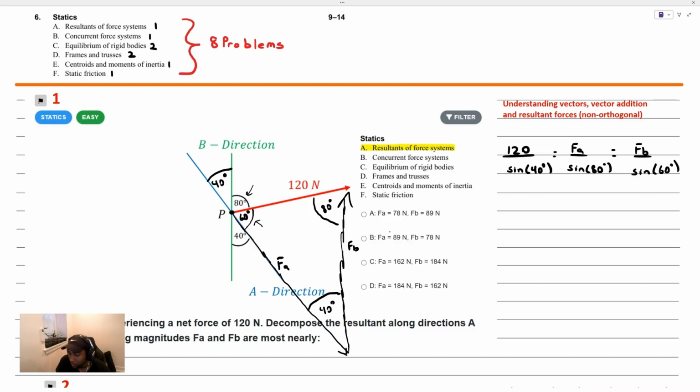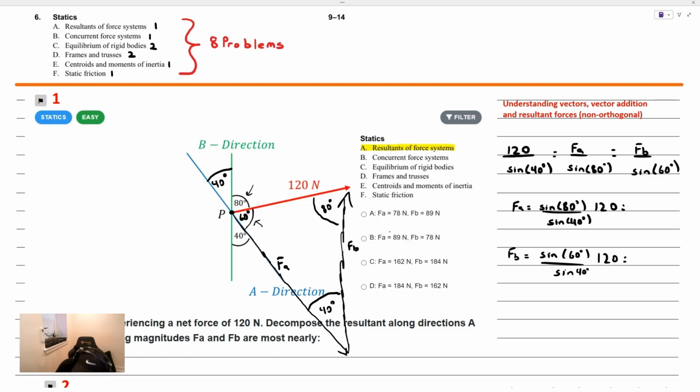We can go ahead and solve for FA and FB here. What we get is that FA is just the sine of 80 divided by the sine of 40 multiplied by 120. And FB is the same thing, but we replace that numerator with the sine of 60 instead, multiplied by 120.